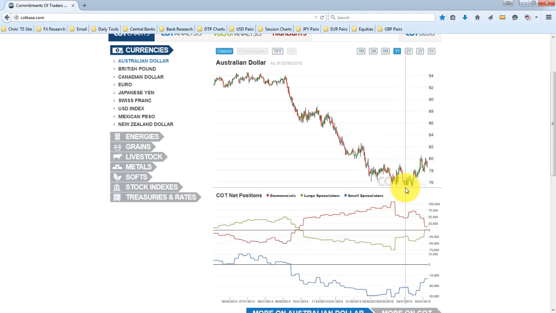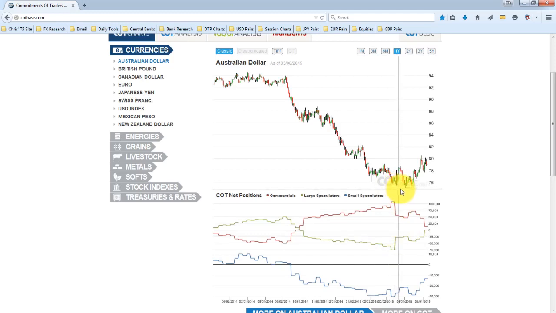So we had the Australian dollar make a new low, but look at the positions of the large speculators. Okay, the large speculators are less net short at this point when the market made this new low than they were over here when the market failed to move that low.